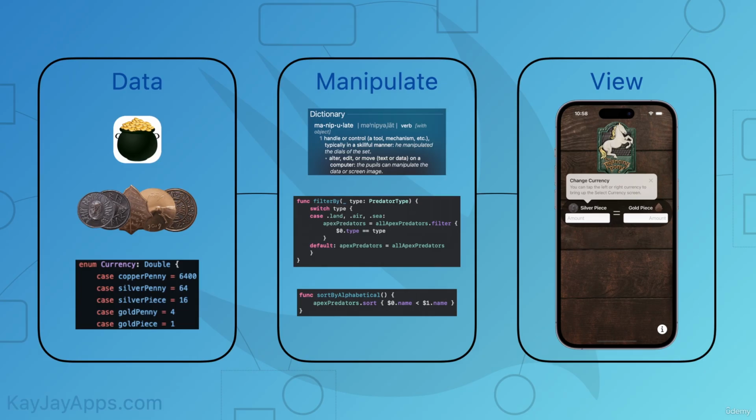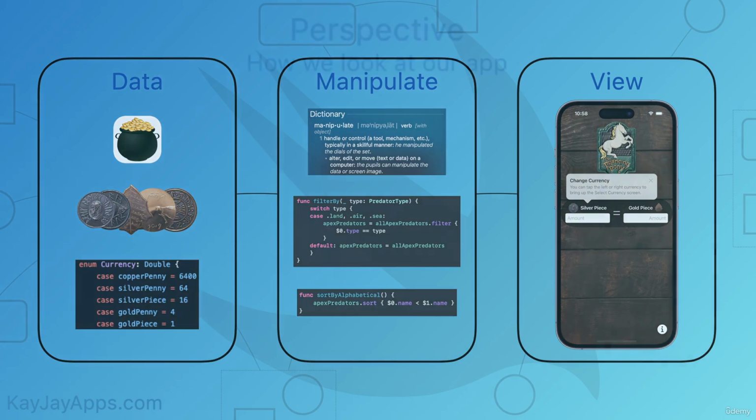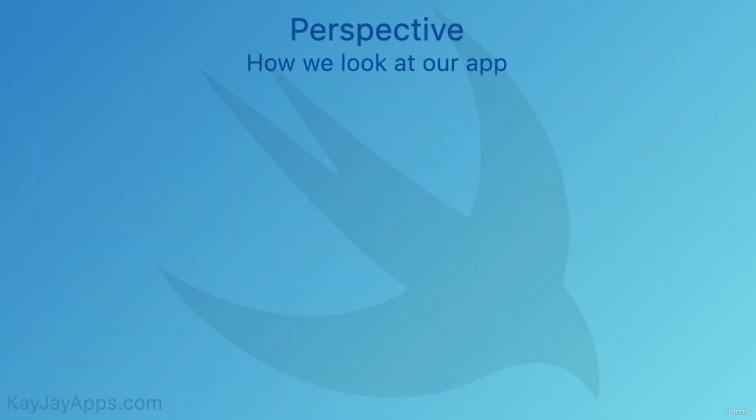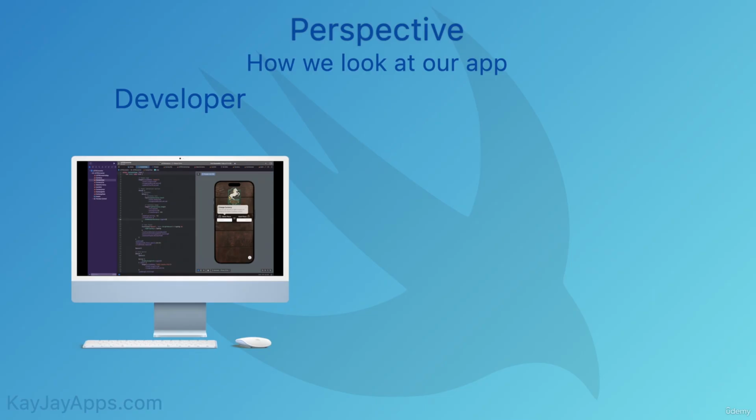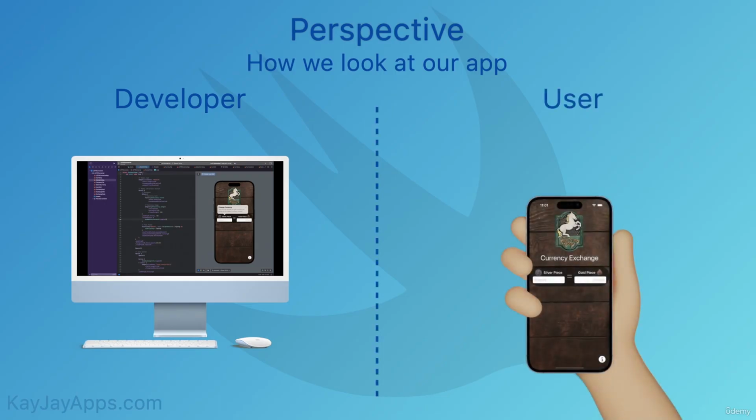Now, as we think of all this, I keep talking about the user. That's another part we need to think about, is what mindset or perspective do we have? How are we looking at our project? Are we looking at it from the perspective of us, the developer, sitting in front of our computer looking at a bunch of code? Or are we looking at it from the perspective of the user who's downloading and using our app on their device?